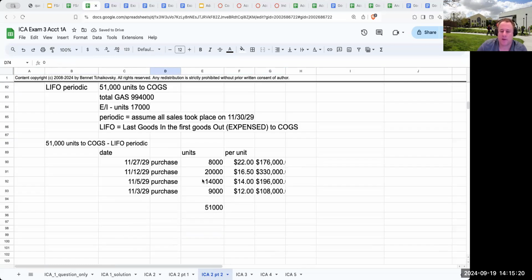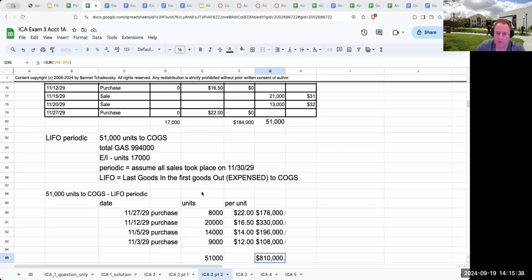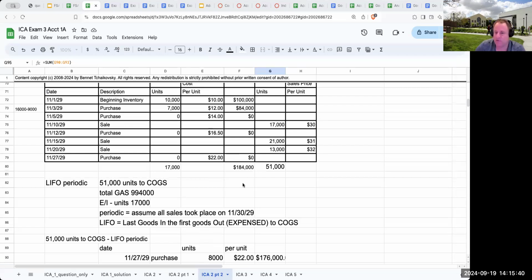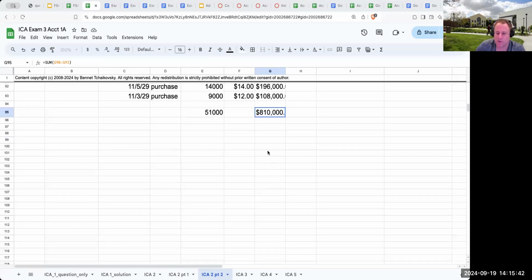So I come down over here, got a total of 51,000 units. That's how many I needed to take to cost of goods sold. Over here, the total amount I took to cost of goods sold is 810,000. So LIFO periodic, remember, last in, first out, right? Last goods in, first goods expensed to cost of goods sold.